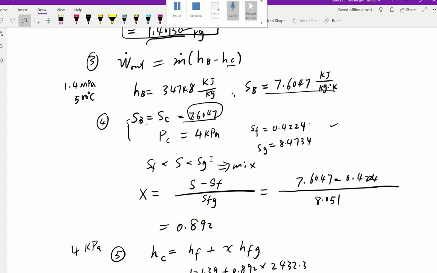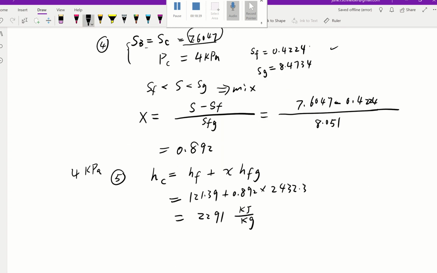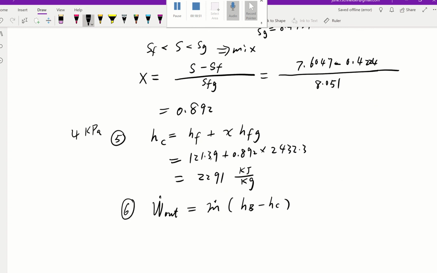Voila, we're almost finished, right? Going back, our goal is to find the turbine work out, how much work is generated. It's going to be HB minus HC, and what we're trying to calculate is work per kilogram, so work out divided by mass flow rate.